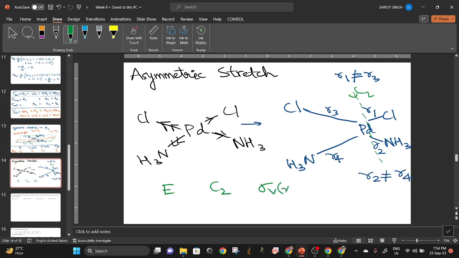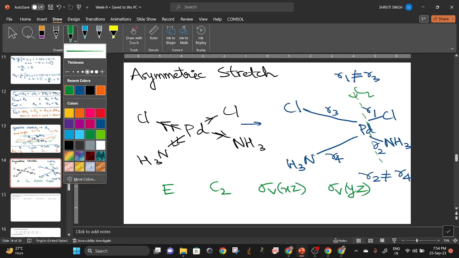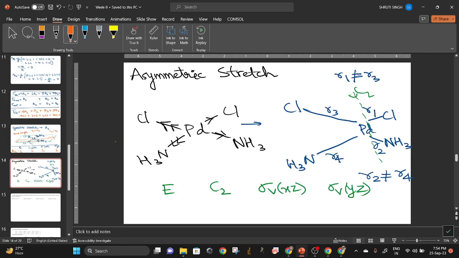So the character under C2 will become -1, because it is not symmetric anymore. Under E it is 1 always, no change. After C2, R1 will come this side, R3 will go this side. So the molecule will flip along the Z axis. So it is antisymmetric.